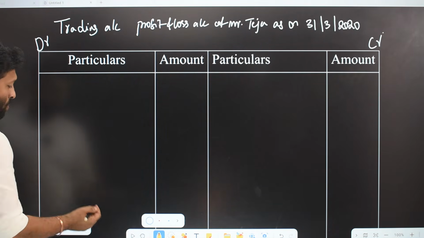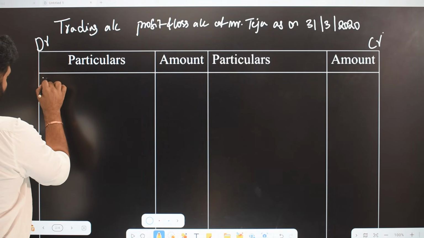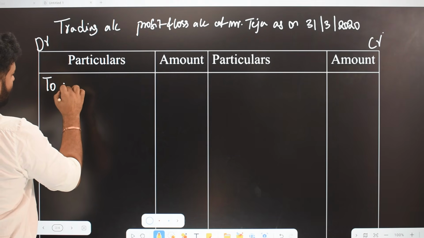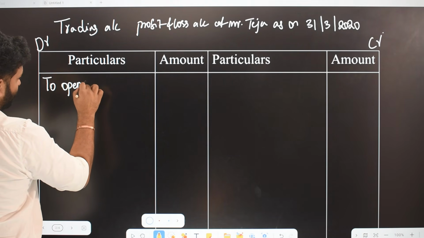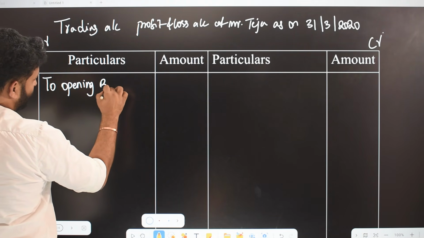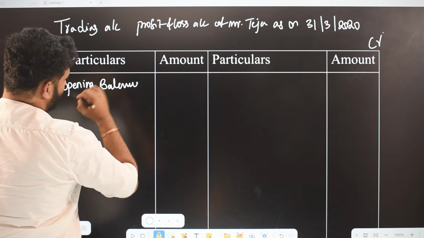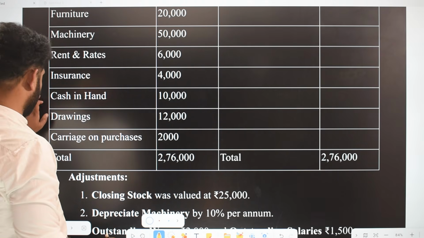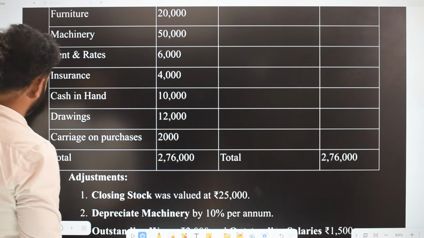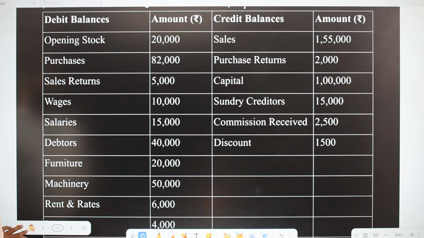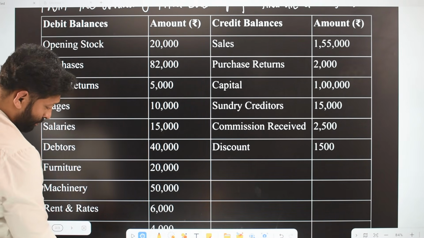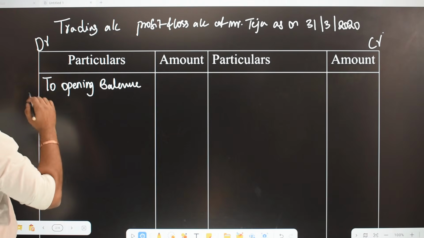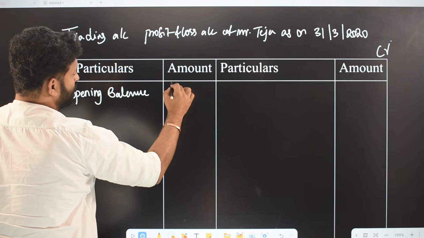Start with the opening balance here. To opening balance, so write the amount here. What is the amount of opening balance? Here opening balance is 20,000.